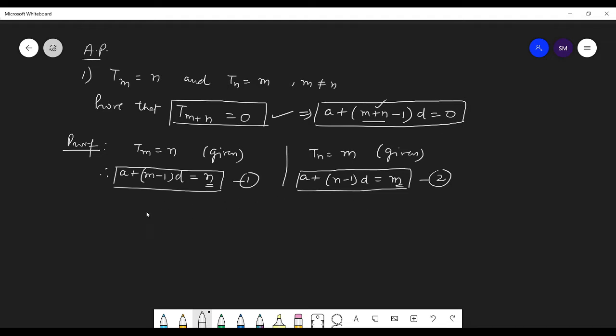So add these two equations. What do you get? a plus (n minus 1)d is equal to m. So we are adding the first and second equations. What do you get? 2a plus (m minus 1 plus n minus 1) into d, and that is equal to m plus n.